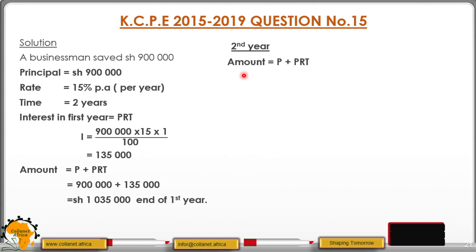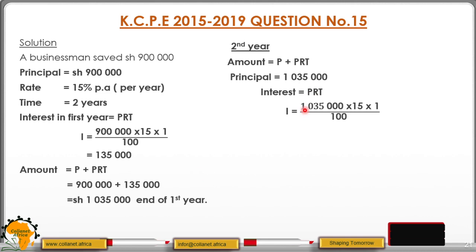But what are you going to use here as a principal? We are going to use 1,035,000. Then for PRT, you use the same principal, 1,035,000 times 15 over 100 times 1. So this is the first year, the second year. Note the difference between this and the simple interest.